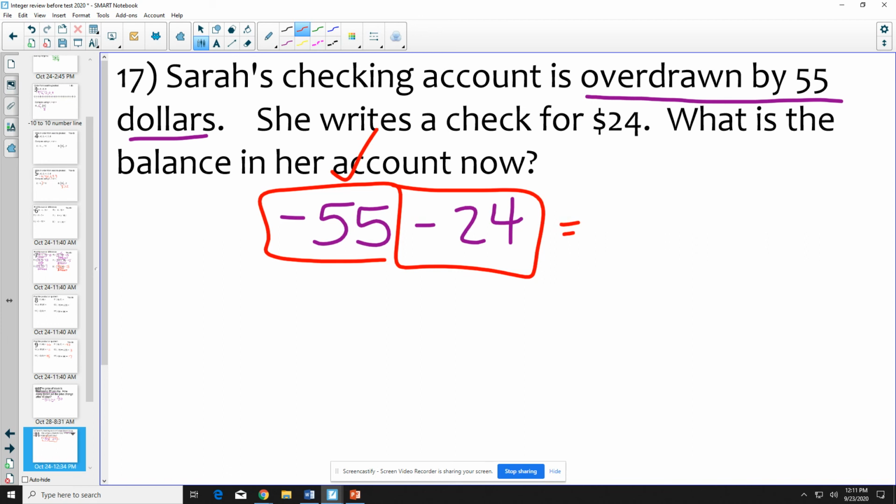They're the same. Do I add or do I subtract? I add. 55 plus 24 is 79. Should the answer be positive or negative? The higher number I checked is negative, so it's negative 79. So that means she now owes the bank $79. It's a negative 79 balance.